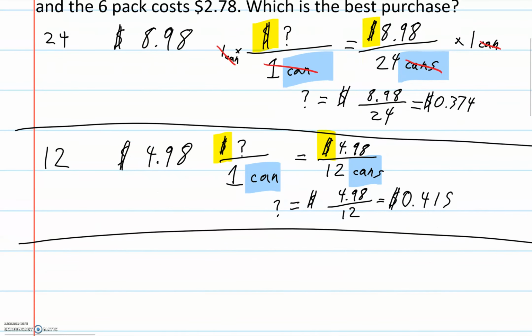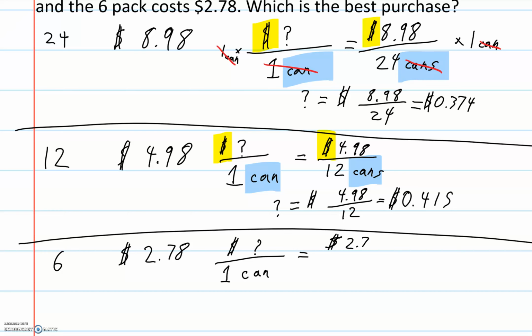Okay, last one is that we have a 6 pack that costs $2.78. So again, we go with the unknown, so we're looking for the dollar amount unknown per 1 can. Which means on this side we have dollar amount, $2.78, and we have 6 cans.